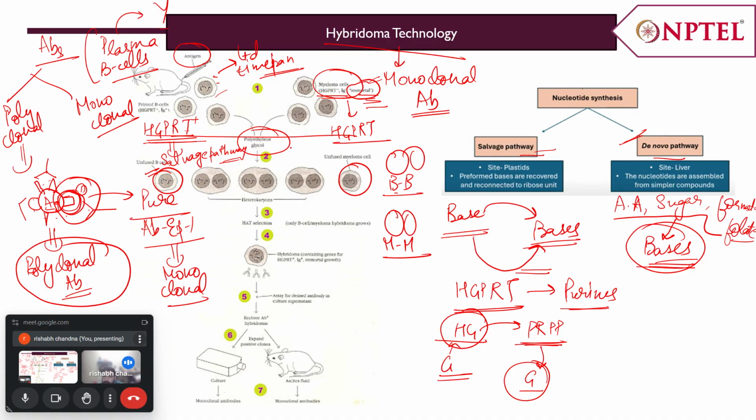The last possibility, and the one we actually need for monoclonal antibody production, is the heterokaryon, the fusion between a B cell and a myeloma cell.